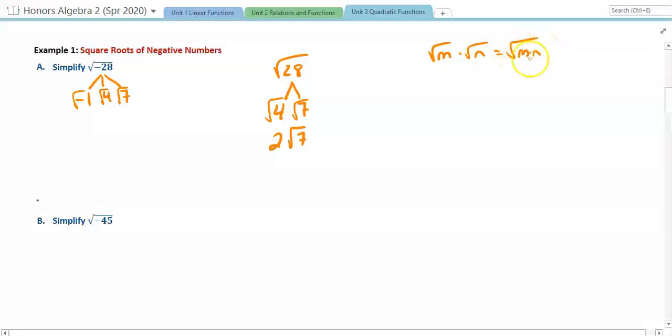We can split multiplication out of a radical, but we cannot split out addition or subtraction. And so splitting this out, the square root of -1 is our i. The square root of 4 is 2, and the square root of 7 doesn't simplify. And so this ends up being 2i times the square root of 7. Now, if I were to go to a calculator and use the imaginary number, it would multiply back out to the same value that I would get if I did the square root of -28.